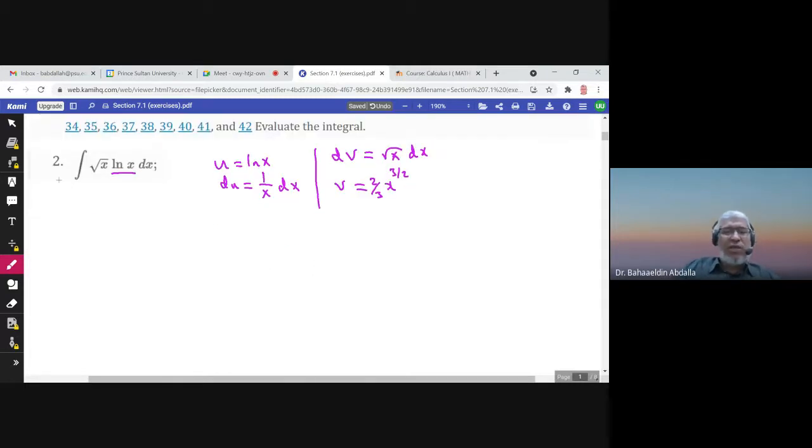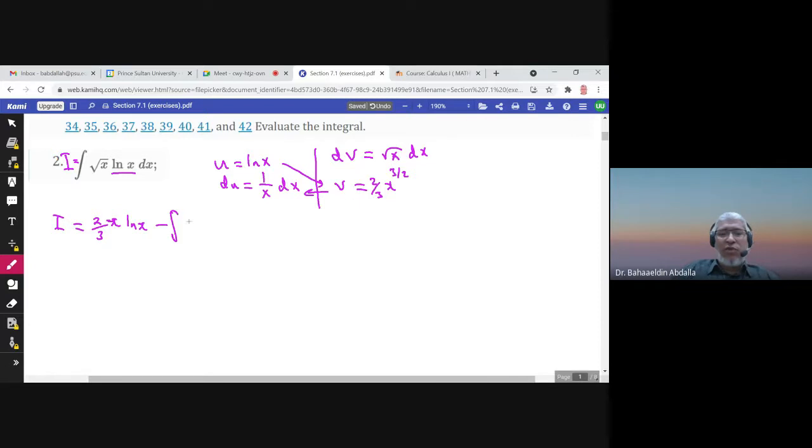And then this integral, which let me call I, would be equal to u times v. So I multiply these two, u times v, which is 2 over 3 x to the power 3 over 2 times ln x, minus the integral of this one, v times du, okay?